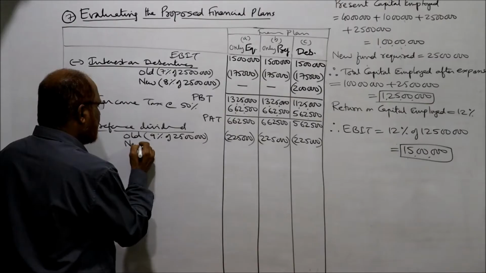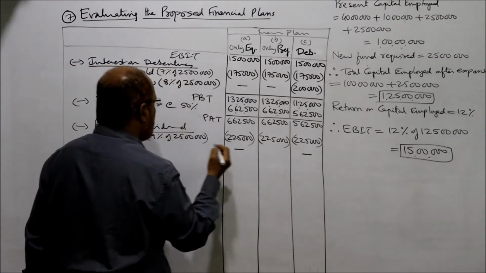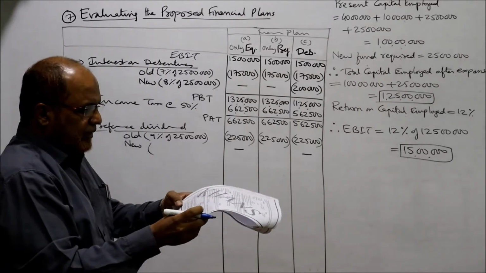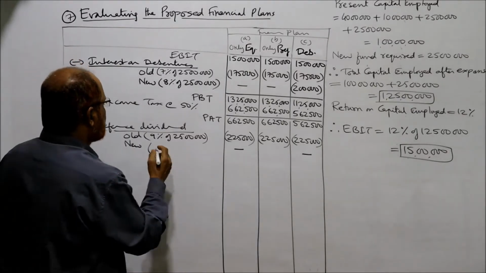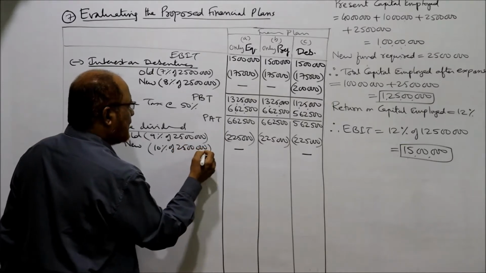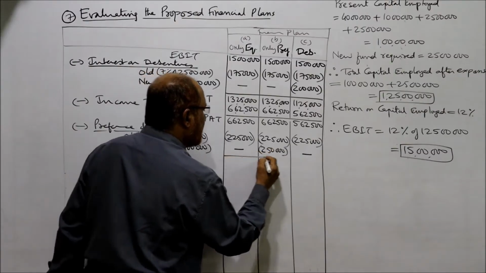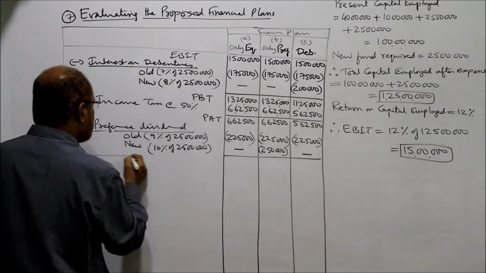The new preference shares are there only in the second column. In the first and third columns, put a dash. In the new fund, 10% preference shares, so 10% of 25 lakh comes to 2,50,000. Now subtract.